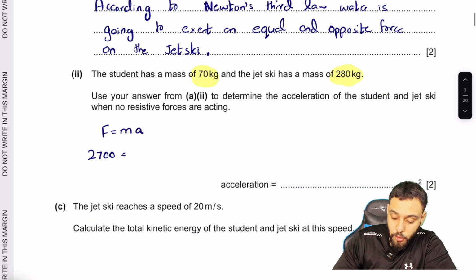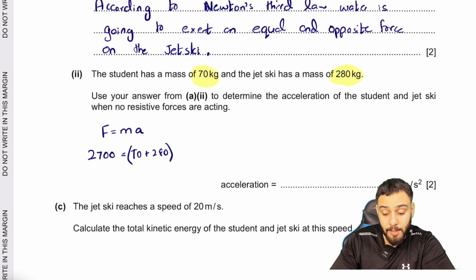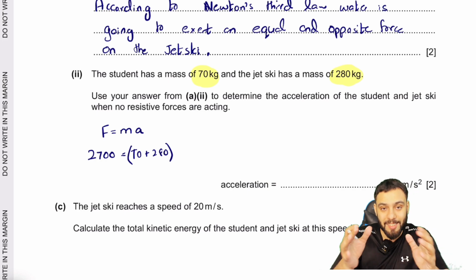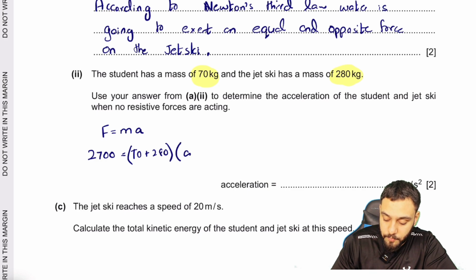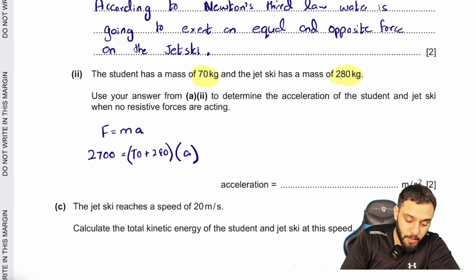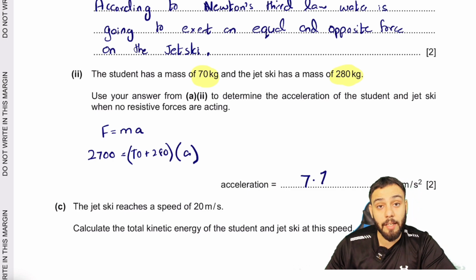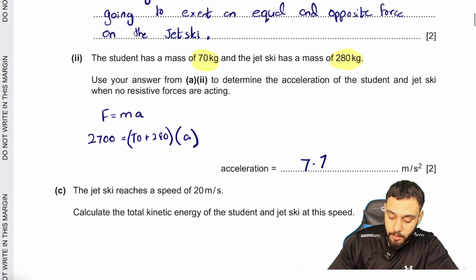So mass is going to be 70 plus 280. We always go with the total mass, because these both objects are basically one object in this case. I need the acceleration. So 2700 divided by 70 plus 280, and I would get the acceleration as 7.71. I would just write it as 7.7 since I need all my answers in two significant figures.